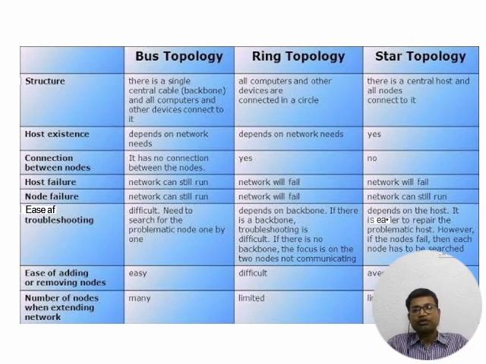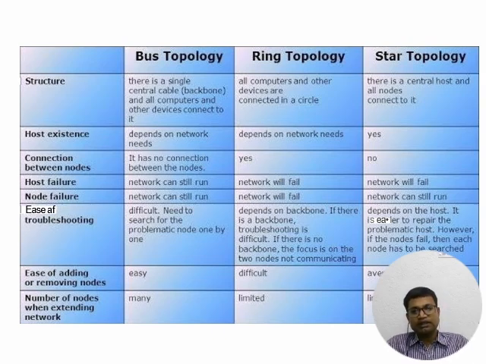Expansion is possible in bus topology as well as ring topology. If the host fails, the bus topology network can still run, and the star network will fail if the host fails. When a node fails, the network can still run, because a single node doesn't intervene in the bus line.